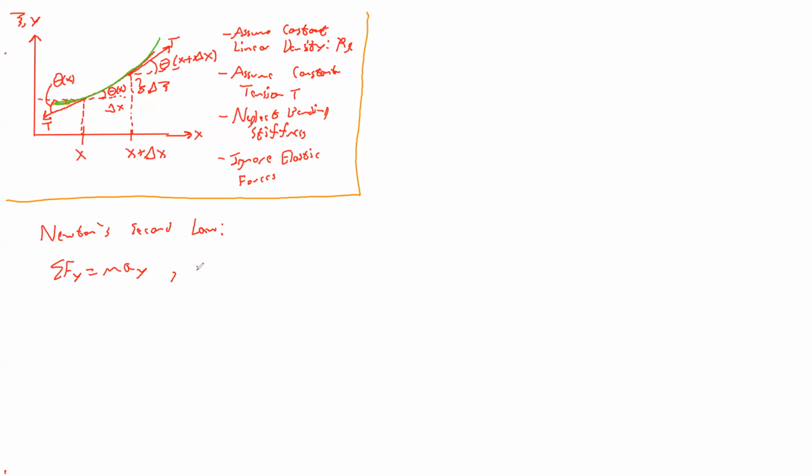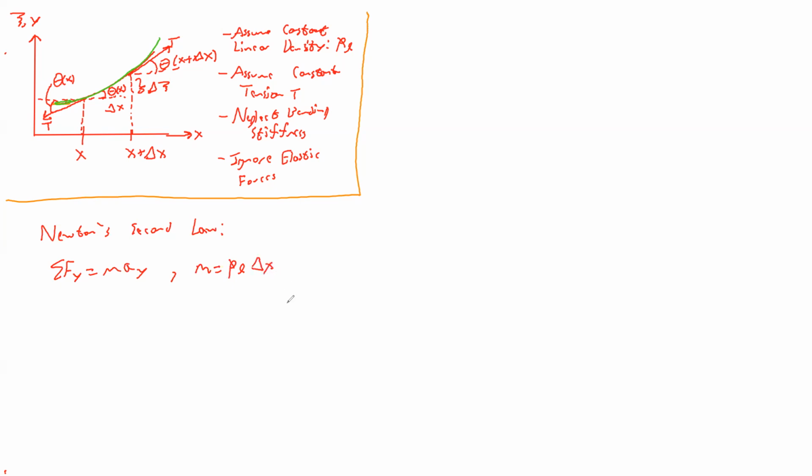So what is the mass of the string? Well, the mass of the string is simply the linear density times the length of the string. But we're looking specifically at this particular element of the string. So the mass of the string is rho L times delta x.